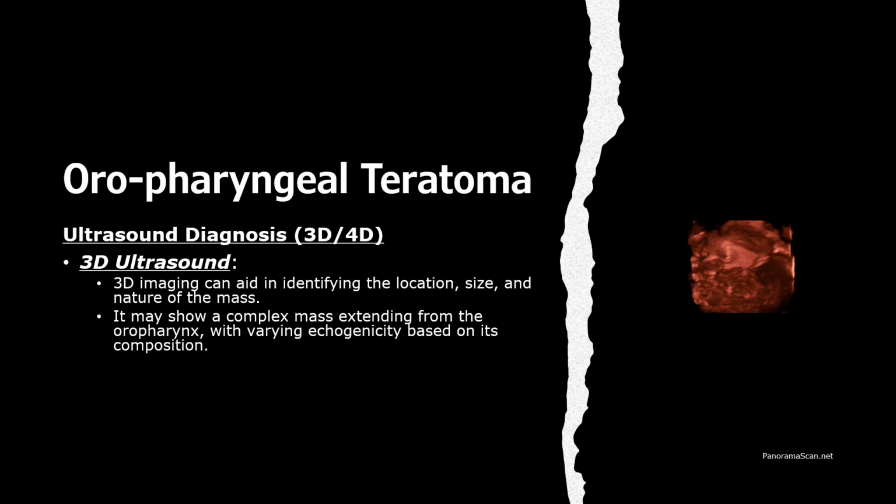This imaging modality provides detailed visualization of the tumor, which may appear as a complex mass extending from the oropharyngeal region. Depending on its composition, the mass may display varying echogenicity, reflecting the presence of different tissue types, such as bone or muscle or fluid-filled areas.